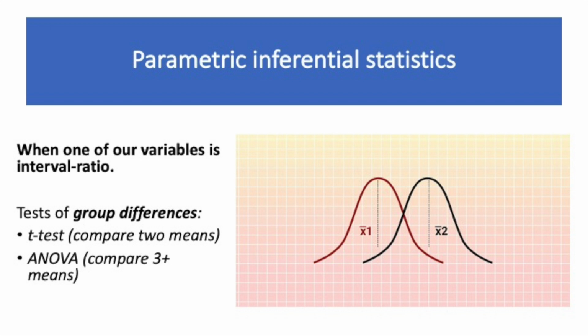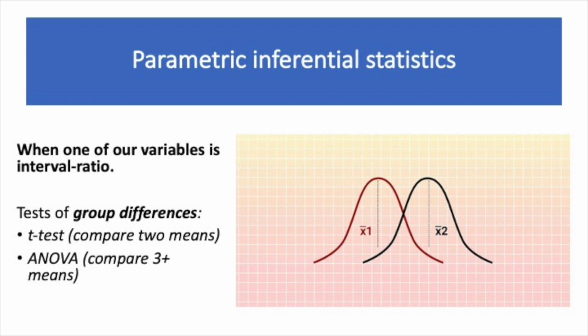For example, let's say we're looking at sex differences in height. That's just to give you a simple example. So we have males, females, and then we have height, which is our interval ratio dependent variable. In the figure on the right side of the slide, perhaps the first distribution is for females and the second distribution we have here is for males.